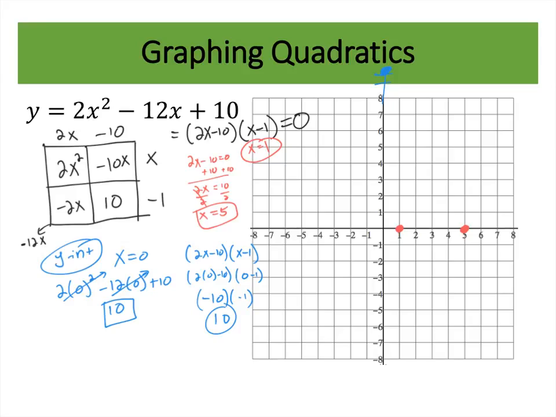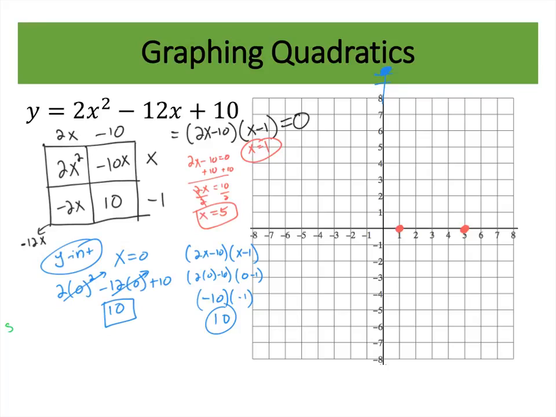So where is my line of symmetry? Well, the line of symmetry is always perfectly in between the x-intercepts, and my x-intercepts are 1 and 5. So what number is perfectly between 1 and 5? Well, I know that we can count on the line, but I just want to show us a way to do it so that we don't have to worry about that.